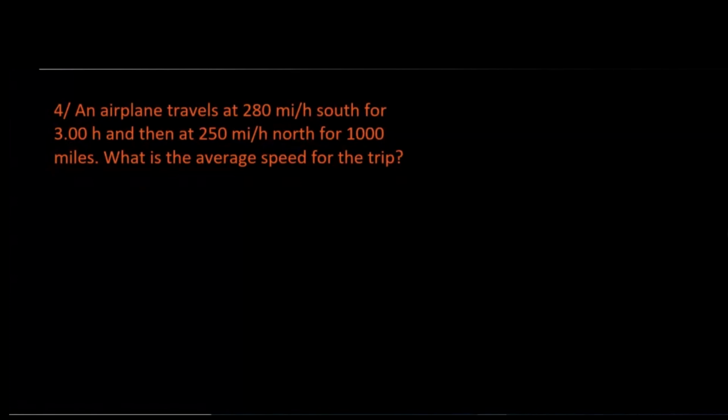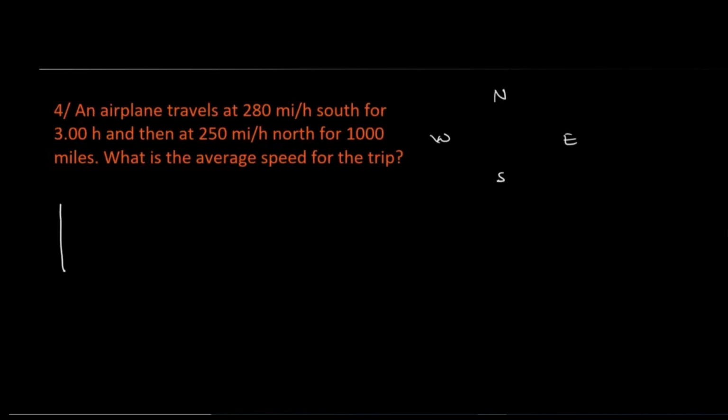Now, an aeroplane travels 280 miles an hour south for 3 hours. This is the north direction, this is the south direction, this is the east direction, and this is the west direction. It is good to know. So that means 280 to the south.